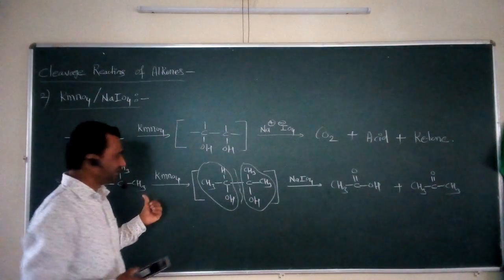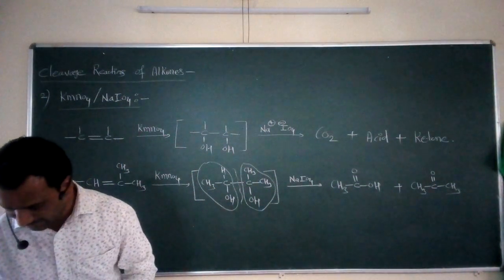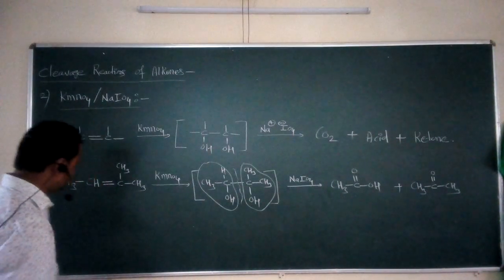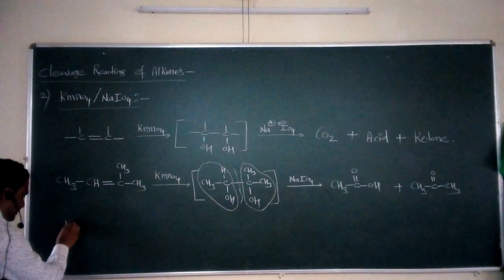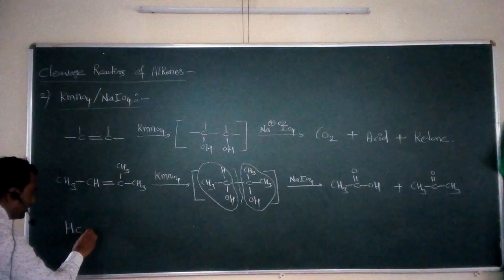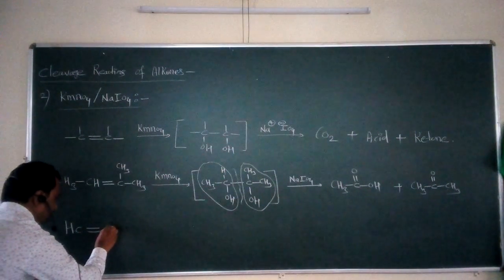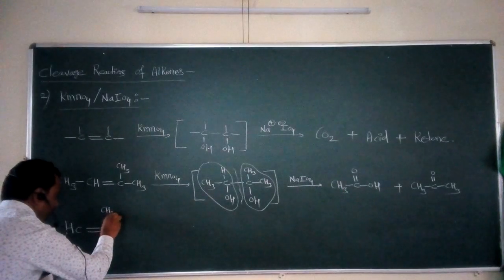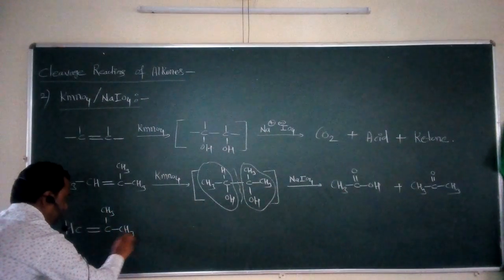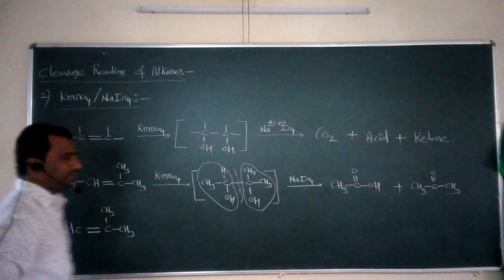Now if I take another type of reactant, for example a second example, CH=C(CH3)-CH3, this is the second reactant molecule.